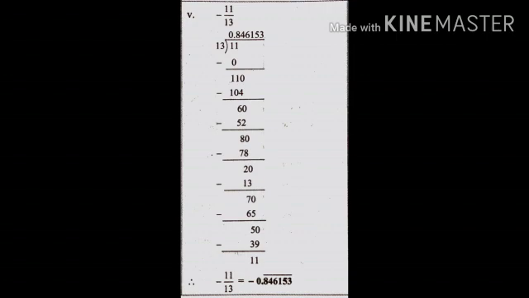So, it's an example of non-terminating recurring form. As here a set of numbers is repeated, in the answer we have to put a horizontal line above the numbers which are repeated.